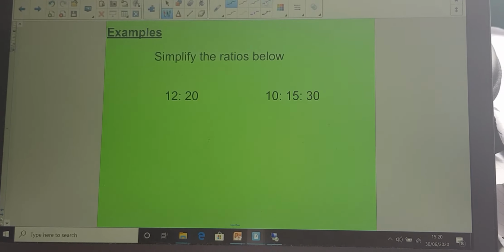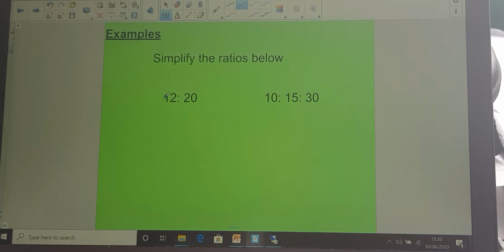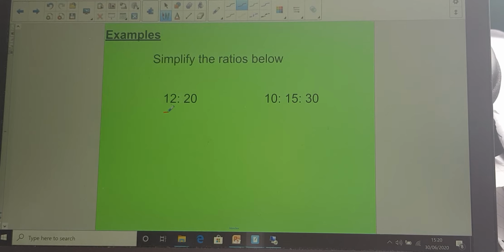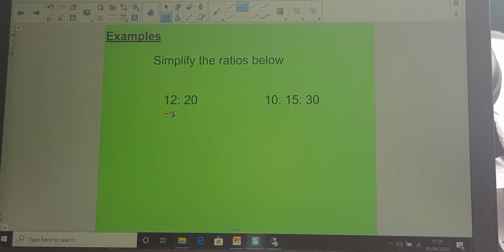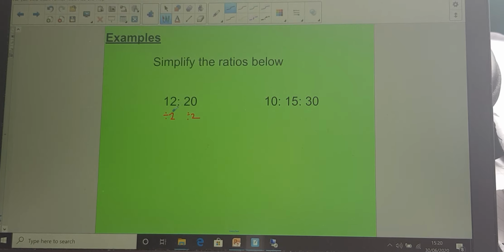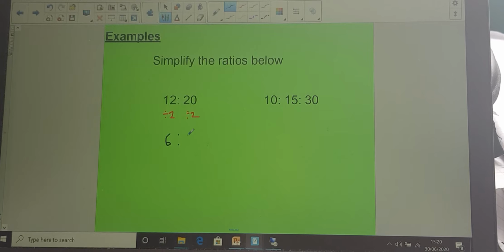Say I can't see what the highest common factor is, I can see that they're both even numbers. So I'm going to divide by 2. 12 divided by 2 is 6. 20 divided by 2 is 10.